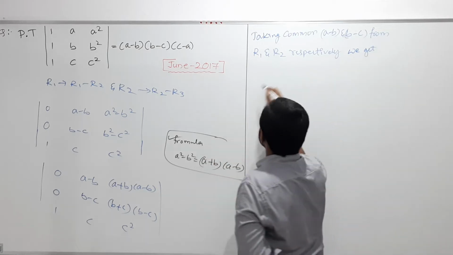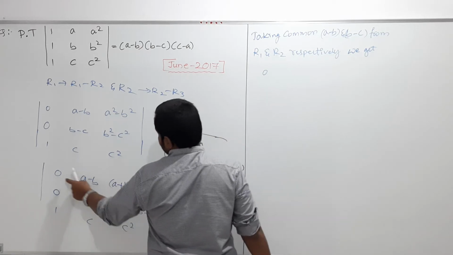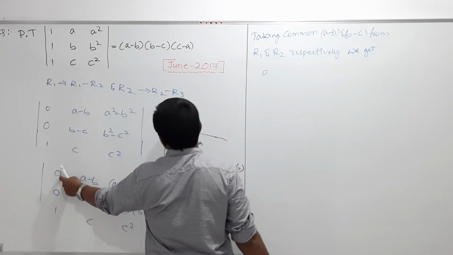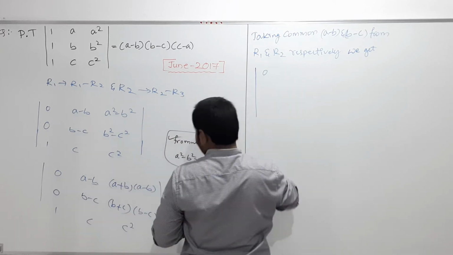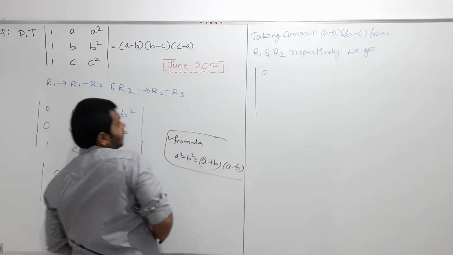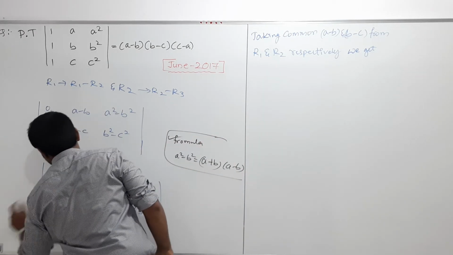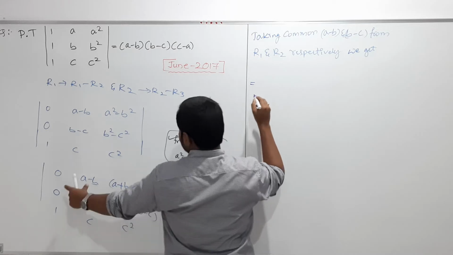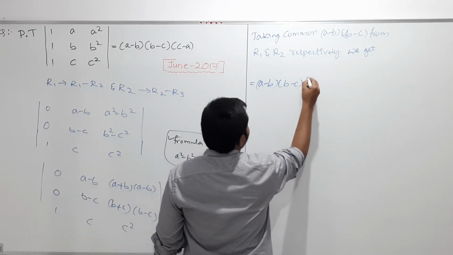So what we get? Here, my students, from this I am taking a minus b common, so there is no element remaining, only 0. So write 0. Whatever you take common, you should write outside the determinant. Clear? So this is equal to (a minus b) into (b minus c).